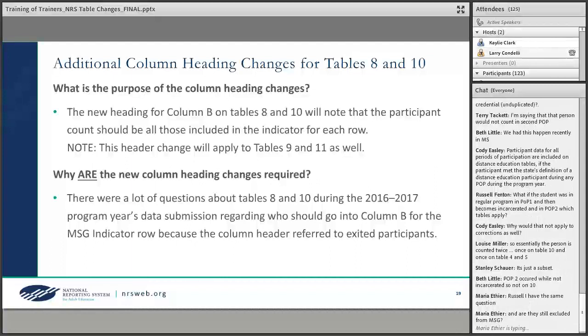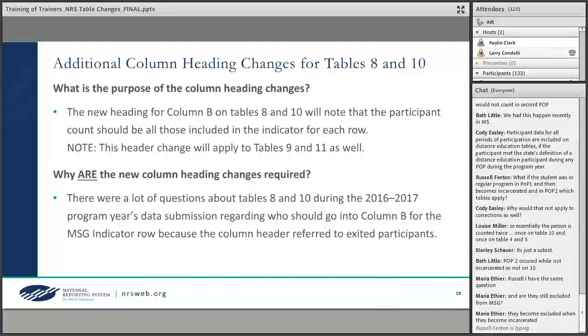In Russell's example, if a student was in a regular program and then became incarcerated in POP 2, then in POP 2 they're reported on table 10 as a correctional education participant. Right. So 10 is a subset of the full set of data.